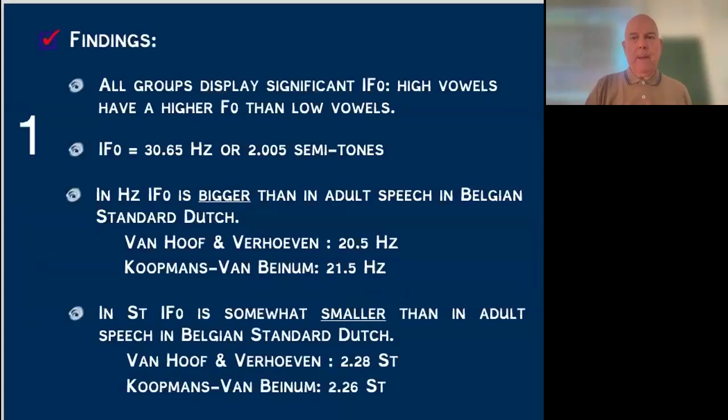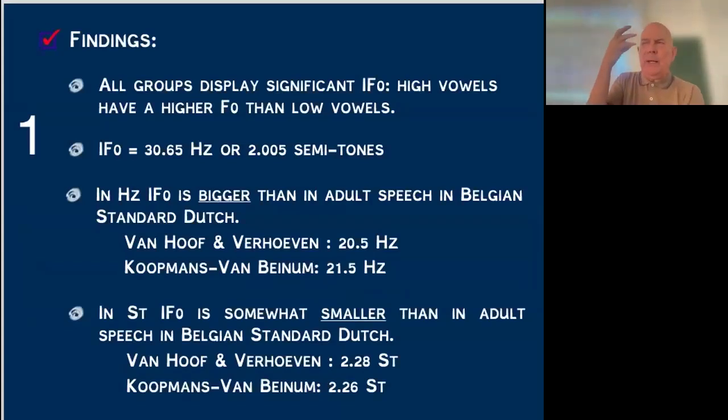Okay, so what does that tell us? Of course, all the groups have significant intrinsic vowel fundamental frequency. High vowels have a slightly higher F0 than the low vowels. That's a strong conclusion, I think.